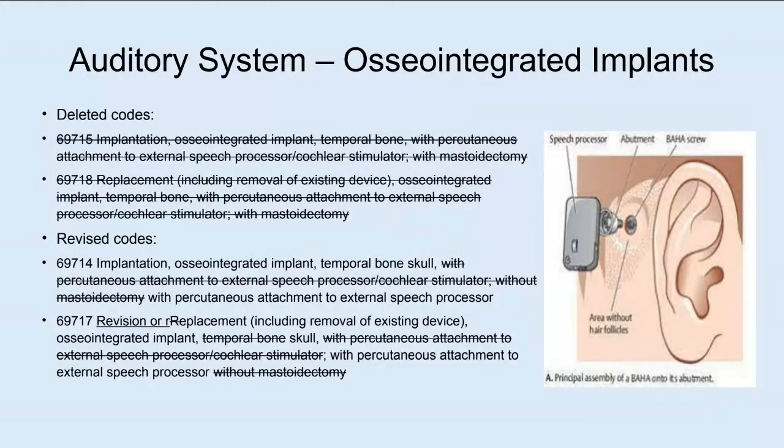Also revised, 69714 and 69715 refer to implants using percutaneous attachment to an external speech processor. You see this here, speech processor here, and they put in a screw attached internally, and this goes right into the screw, which is fascinating to me.